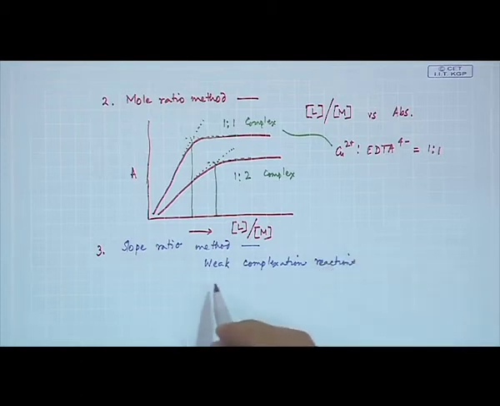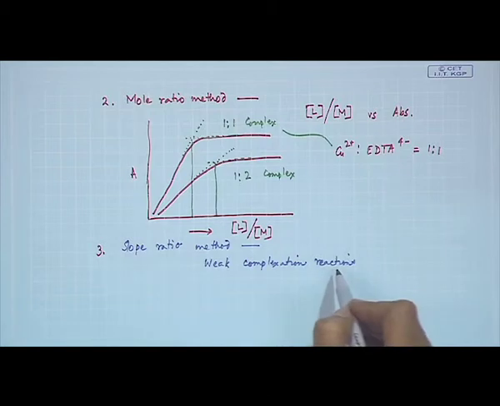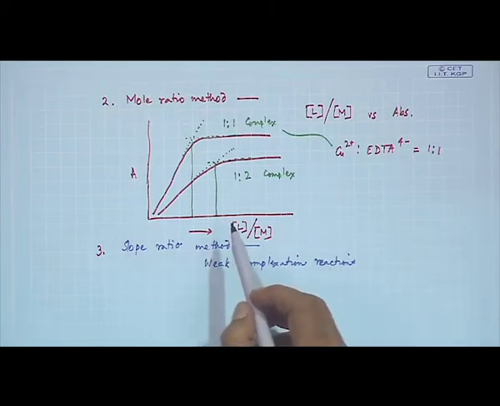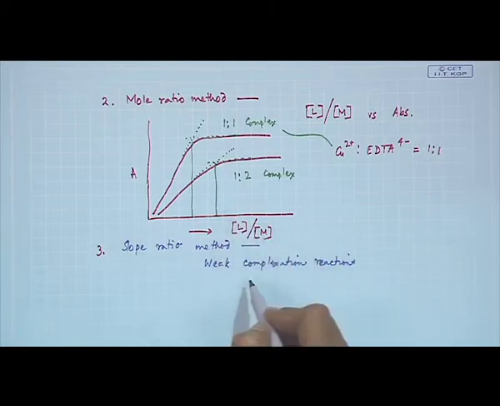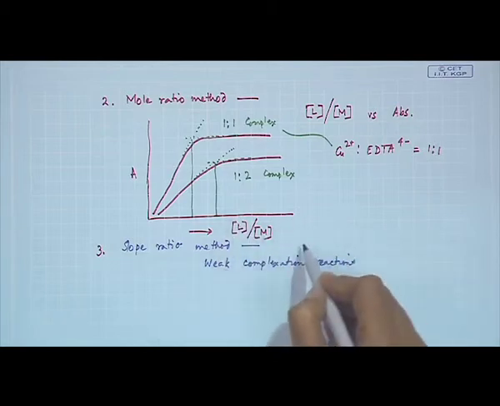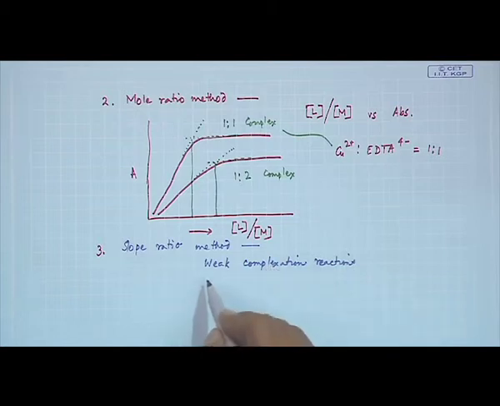Unlike the other cases where the complexation is very strong and we have a very high magnitude of K values, in this particular case of weak complexation reactions the K values are small, and we go for this.